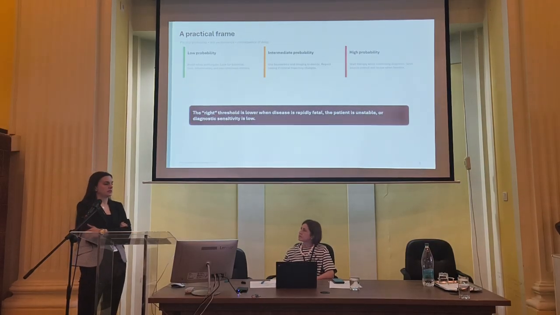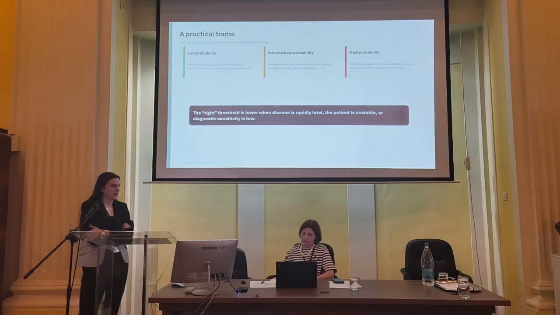So the practical frame is the pre-test probability the colleague talked about, multiplied by the performance of the test, and we make sure to consider the consequences of delay of therapy. If we have a low probability, we won't give the patient empiric antifungal medication.